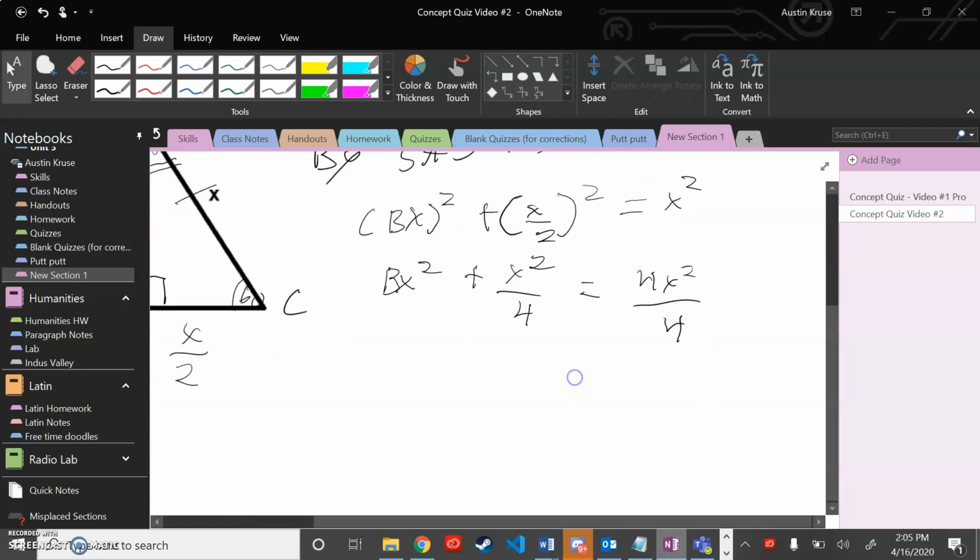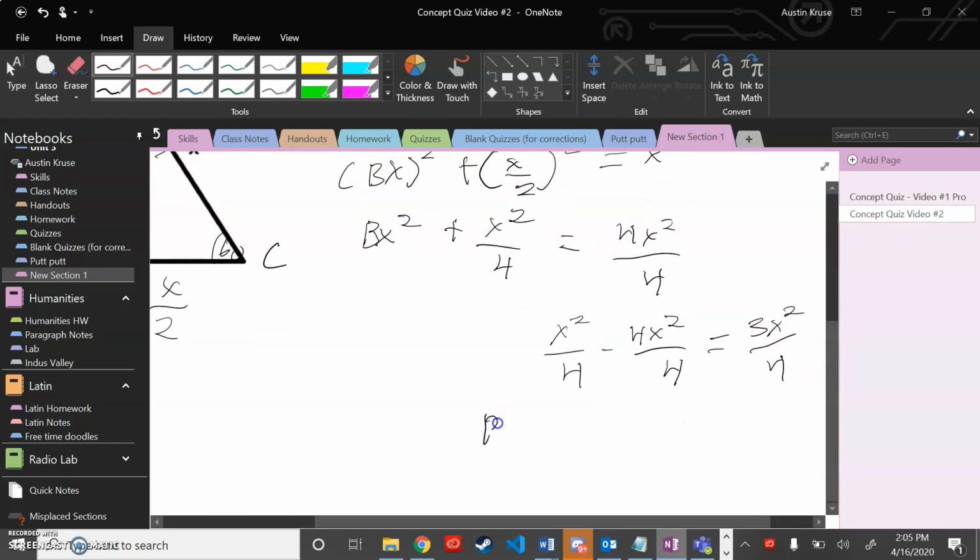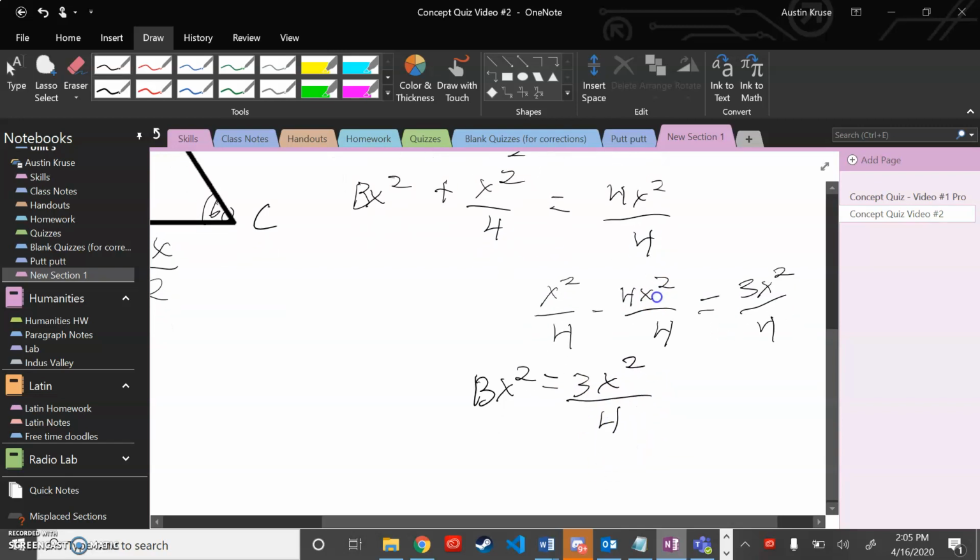Moving on, we now have to get rid of one of these. So x squared over 4 subtracted from 4x squared over 4 would equal 3x squared over 4. So now we know BX squared equals 3x squared over 4.